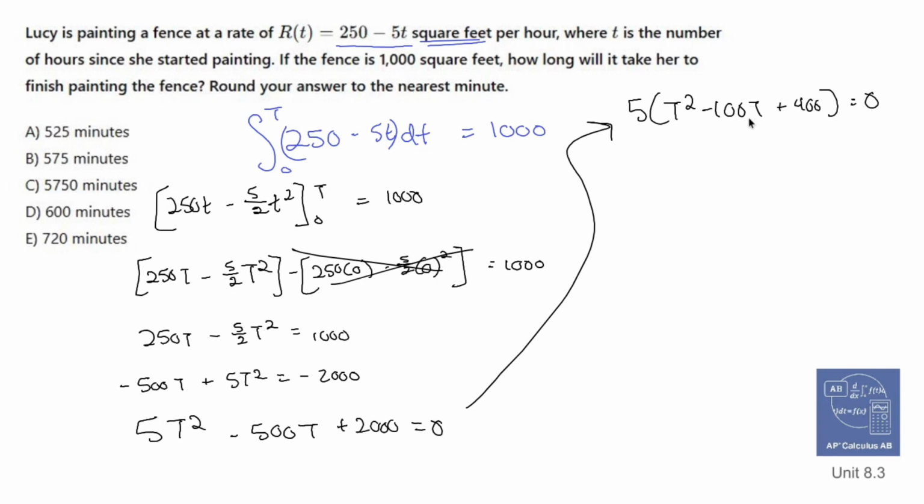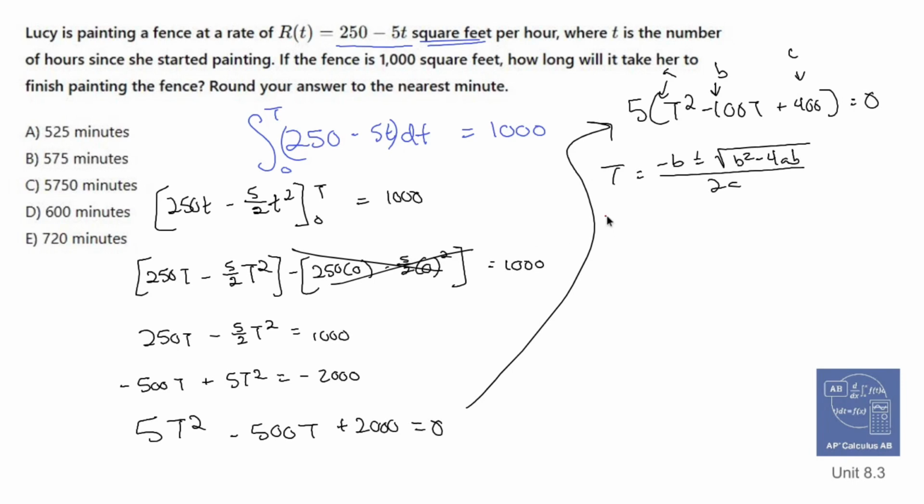I don't know if that's factorable. I don't think it is, so I'm going to have to use the quadratic formula. t equals negative b plus or minus the square root of b squared minus 4ac, all over 2a. The invisible 1 is my a, negative 100 is my b, and 400 is my c.